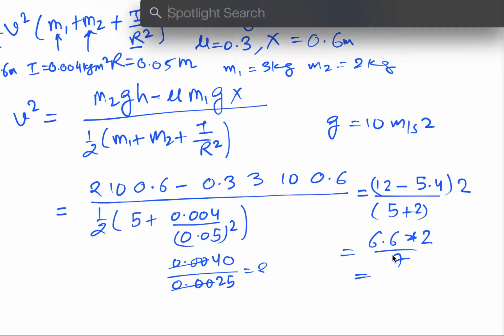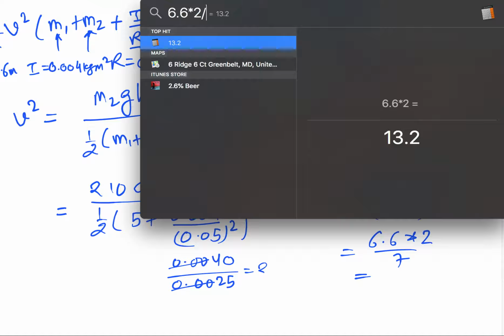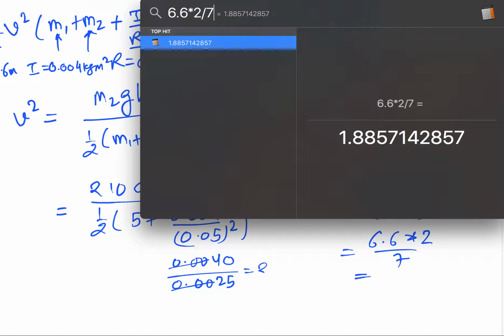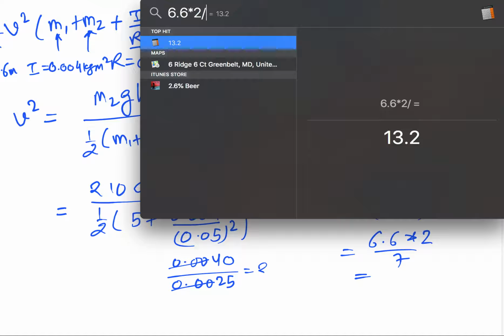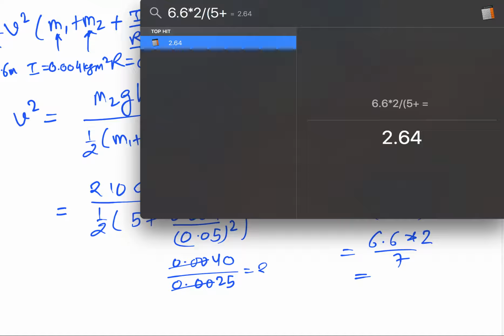So let me google that. 6.6 times 2 divided by, what am I thinking here, it's 1.8 because I did the math over here in the wrong way. Okay, let me just try to correct that. 5 plus 40 divided by 25 equals 2.